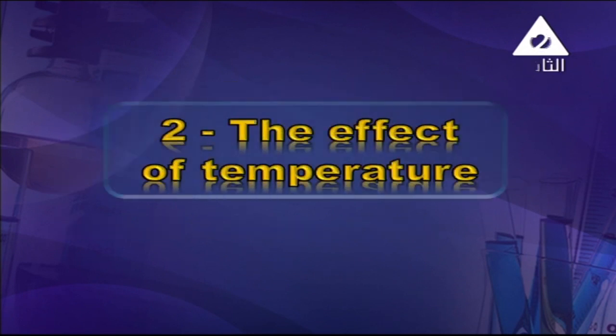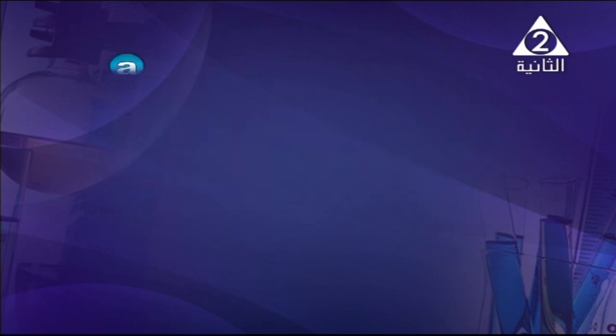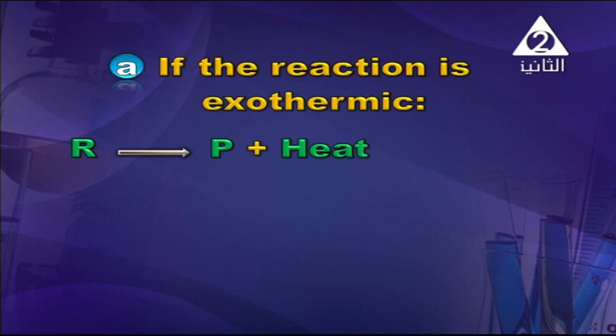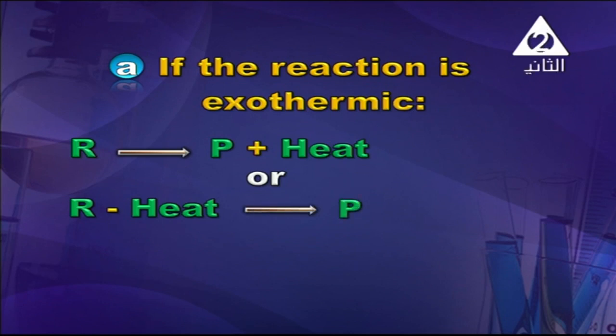I'm going to discuss the second factor which is going to affect the chemical reaction at equilibrium, which is the effect of temperature. If the reaction is exothermic, as shown on the screen, reactant gives product and heat is released, or we can write it reactant minus heat gives a product, or we can write it as following: reactant gives the product and delta H is negative.